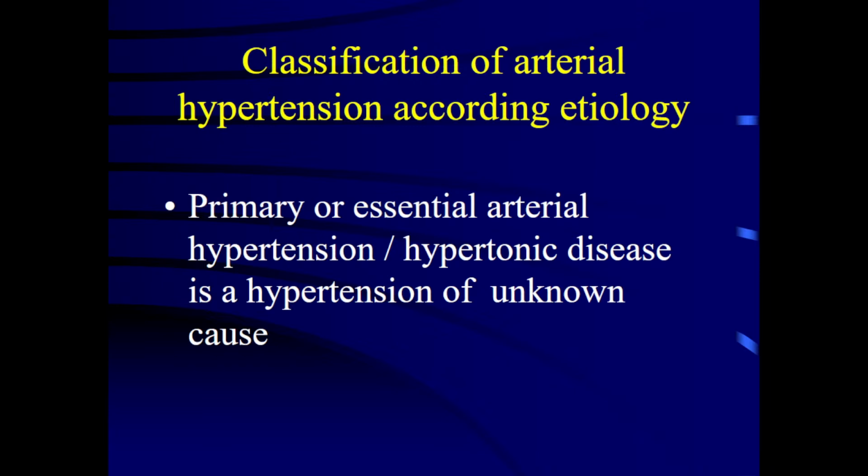Hypertonic disease is equal to primary or essential arterial hypertension. But what is primary or essential arterial hypertension like? It's a disease, a disorder, a clinical syndrome that includes hypertension of unknown cause, unknown etiology.